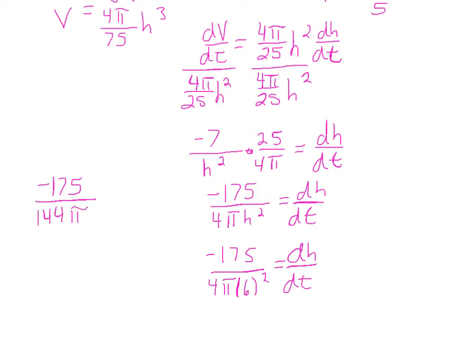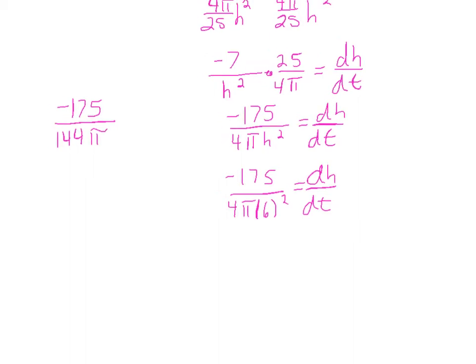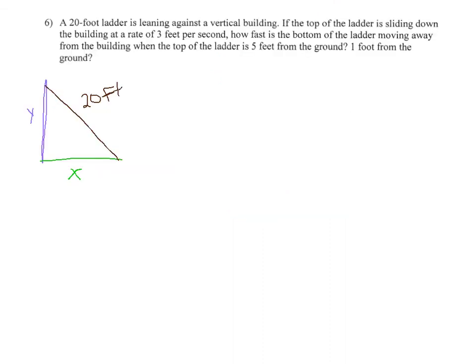And let's see, can we reduce that? We'll just leave it as negative 175 over 144 pi, centimeters per second. And that is dh/dt.